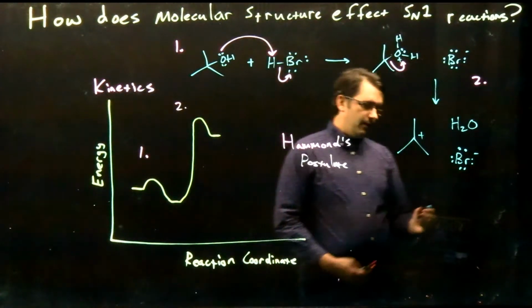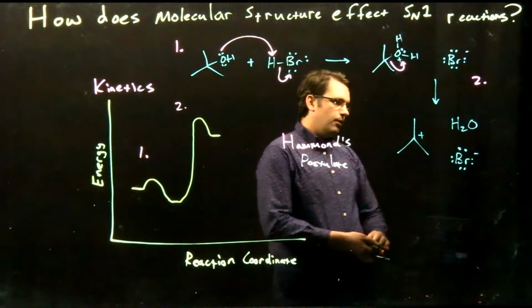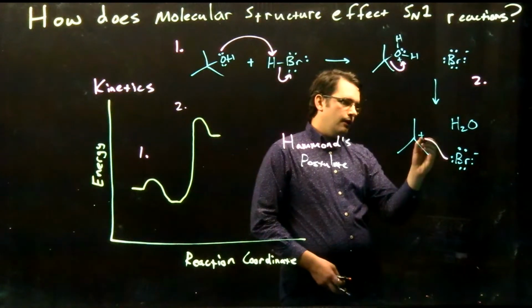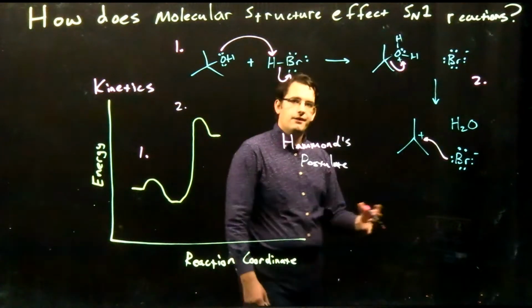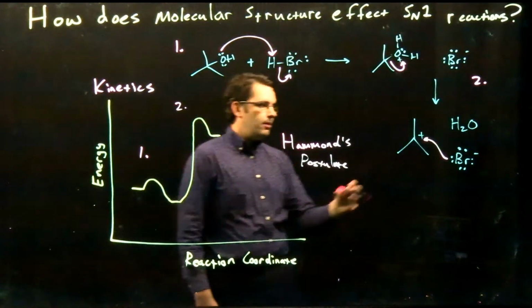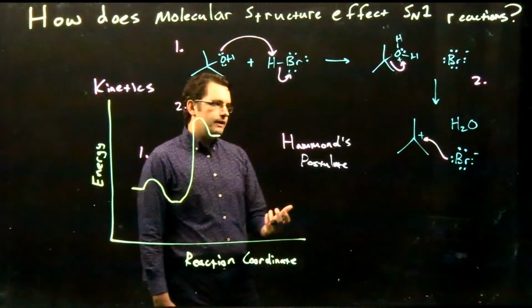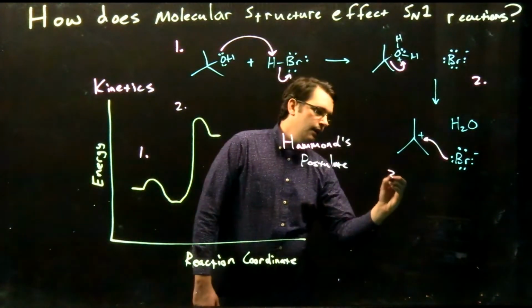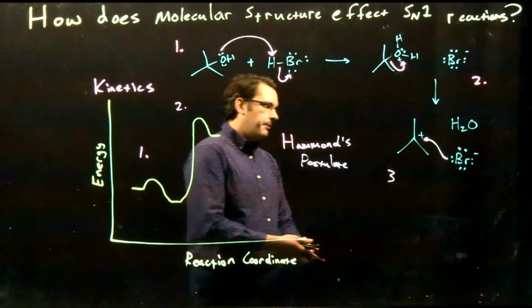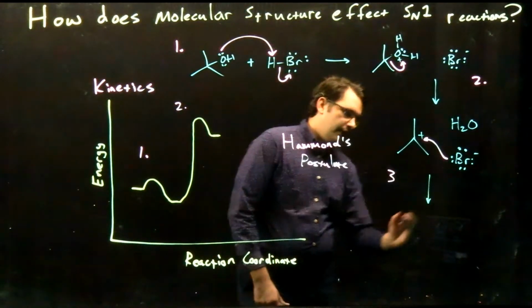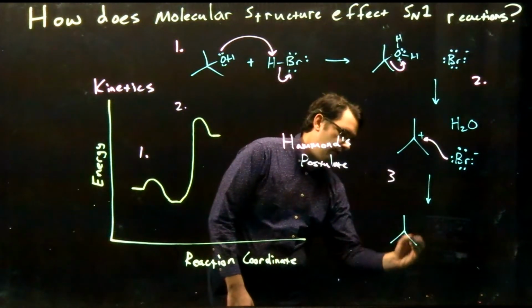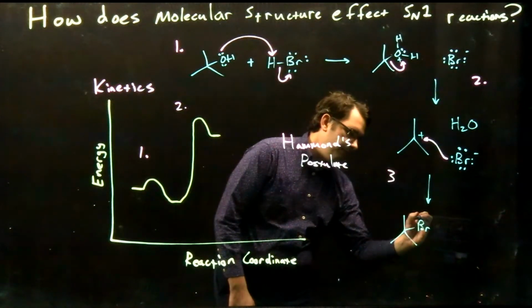Our third step, we take our bromide ion here. This is our association, our negative charge of that nucleophilic bromide ion is attacking our electrophilic carbocation in this association step, and we're able to create our product alkyl halide.